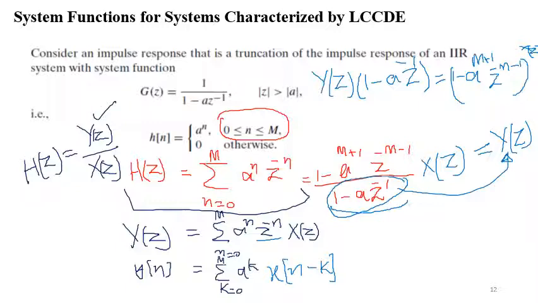So if I take the inverse z transform, I hope that will be straightforward to you, and it will result in y of n minus a into y of n minus 1, and this is equal to, again, X of z multiplied by 1 will be X of z, so the inverse of it will be x of n, minus a, because that's scaling, a to the power M plus 1, and again this represents the shift, so it will be x of n minus M minus 1.